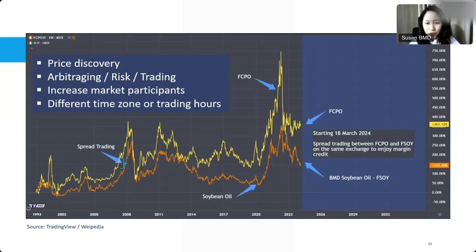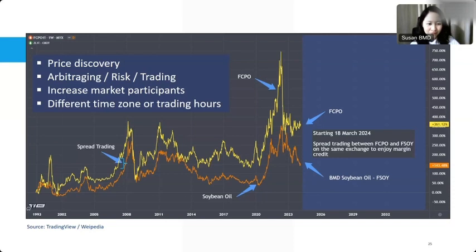So according to what we counted, using the daily prices of 2023, it is close to 90% correlation for FCPO and DCE soybean futures. So it is pretty high, and it shows that they move in tandem and are a very good combination for spread strategy.